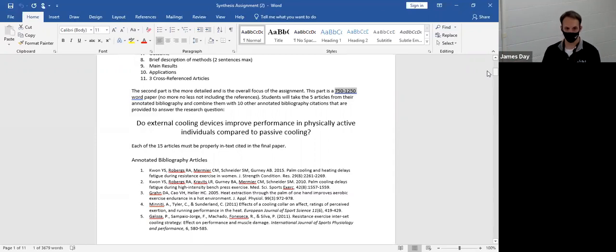Yes, they will have the same due date, a week from Friday. 1 paper, 750 to 1,250 words. And that doesn't include the reference page, obviously, because that would probably be enough on its own. So that's the assignment.